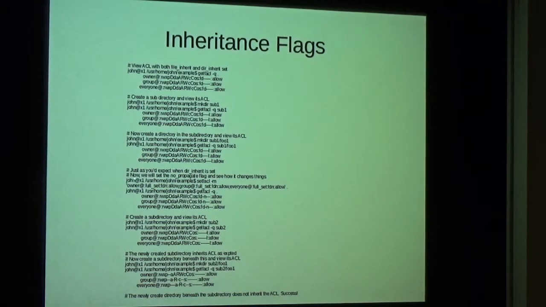And now, when we come here, I set the no propagate flag on it, and it has the full set. Okay, this is the current directory. So I set the no propagate on this directory here. I create a new directory within the subdirectory called sub2.